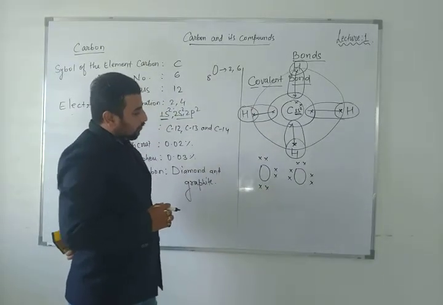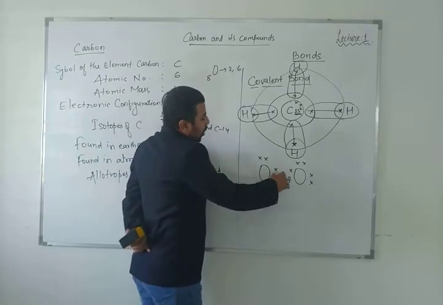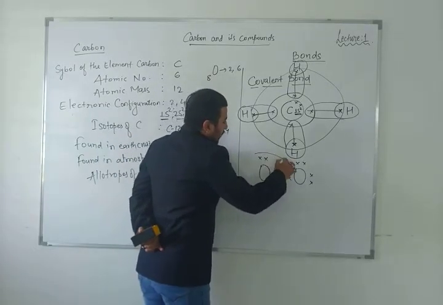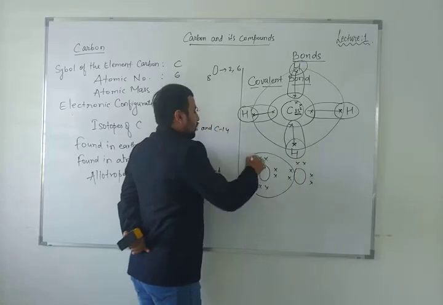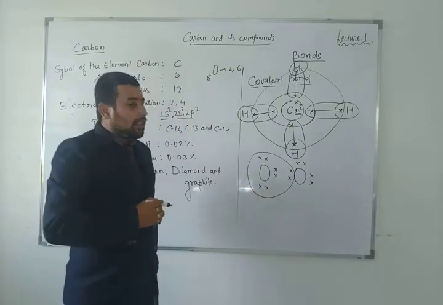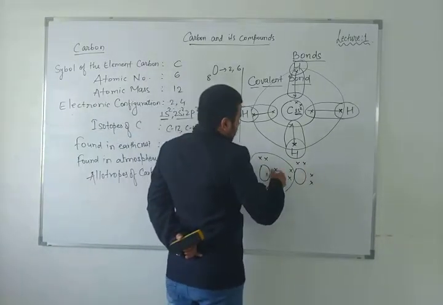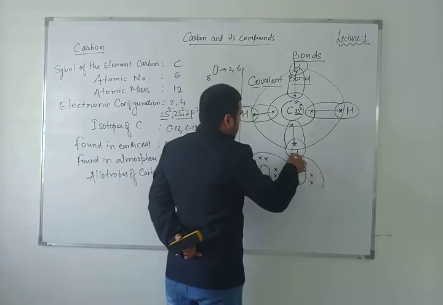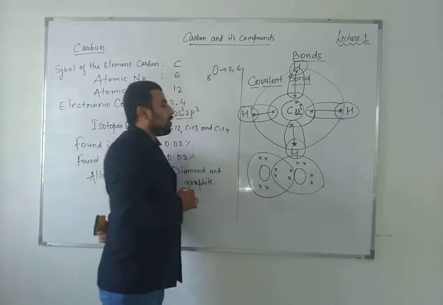Now you can see what will happen. If this oxygen takes these 2 electrons from the other oxygen, then this oxygen will get 8 electrons. Similarly, if the other oxygen also takes 2 electrons from this oxygen, then that oxygen also completes its octet.